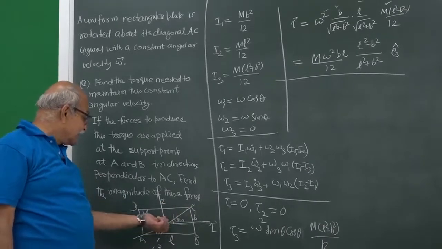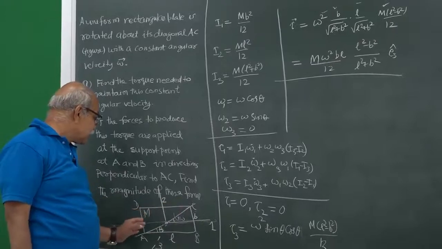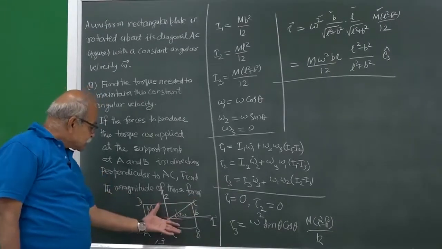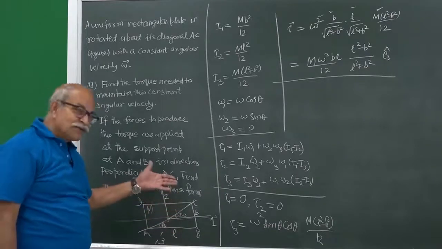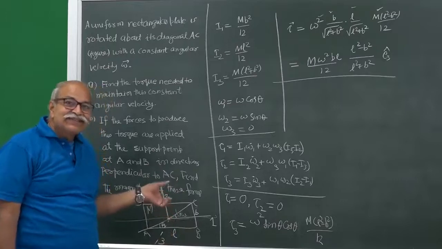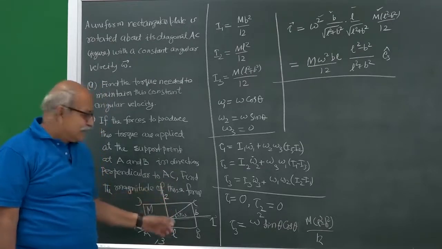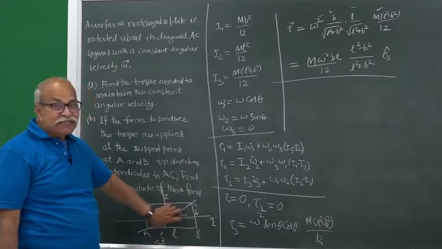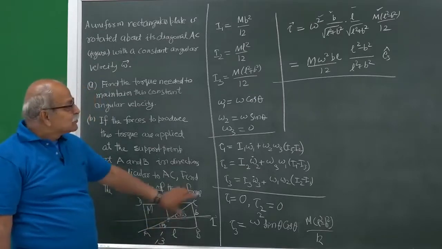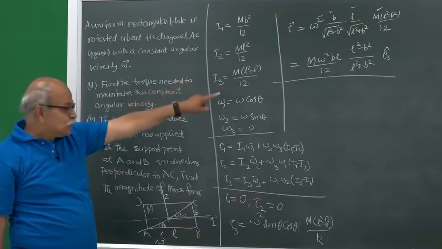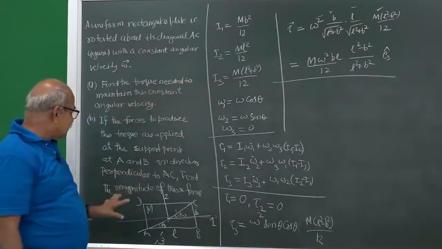Remember that the E3 direction is perpendicular to the plane of the plate, and the plate is rotating about this diagonal. So, this plate is rotating, and the normal is also rotating. E1, E2, everything is rotating. These are body fixed principal axes. So, your torque is not constant, it is changing, and you have to apply proper forces.